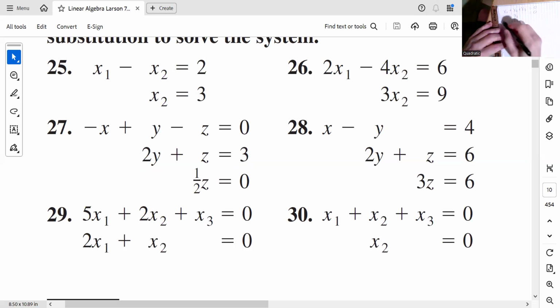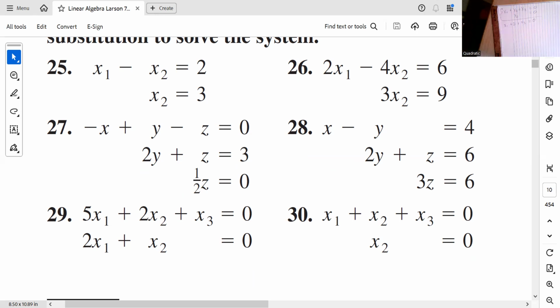Well, right off the bat, x2 equals 0. So that means if I put that into the top equation, I get x1 plus 0 plus x3 equals 0.